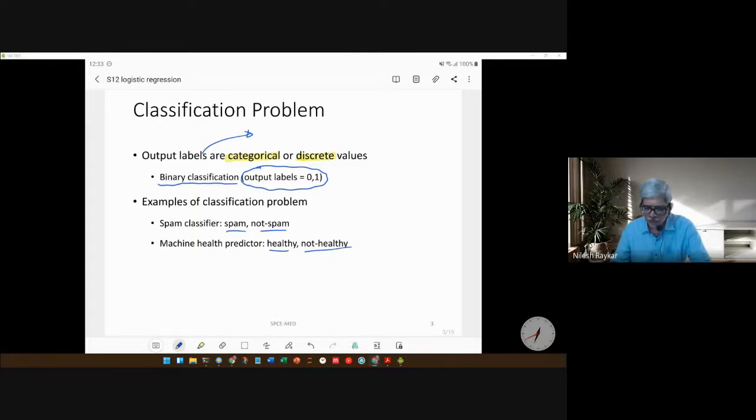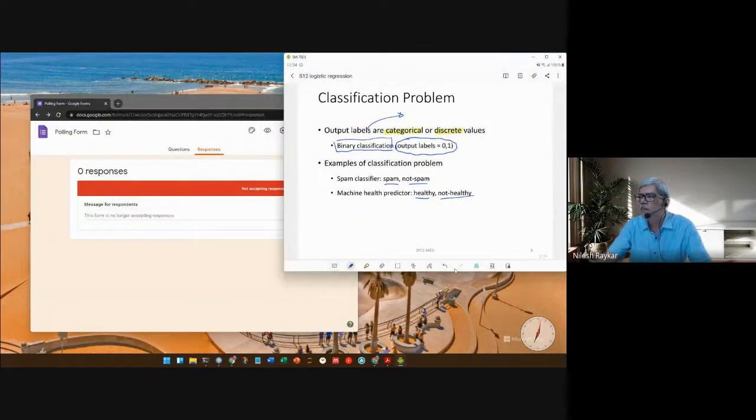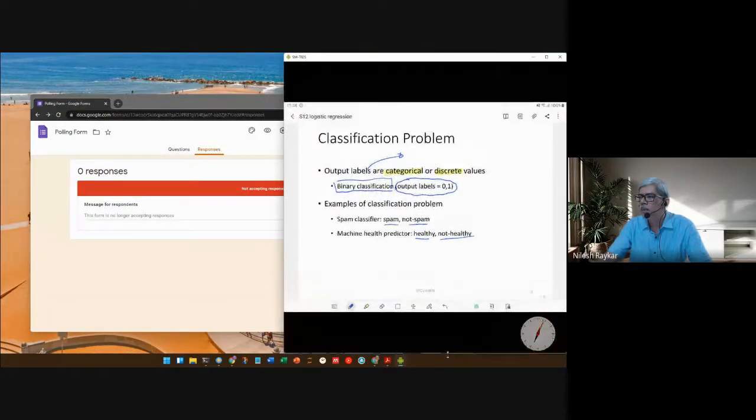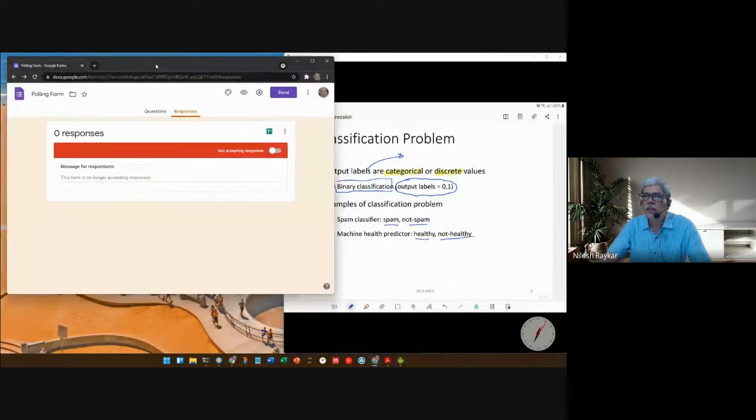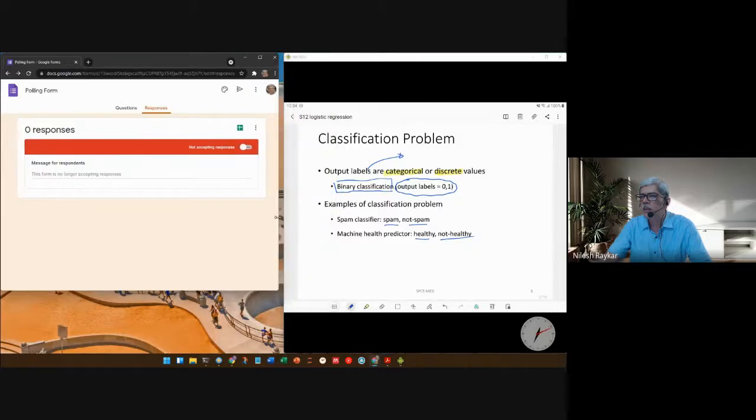Having understood that we are going to deal with binary classification, let's understand what happens. The first question is a quiz. Let me give the link of the quiz, this quiz form. I want you to think about how this algorithm should be.